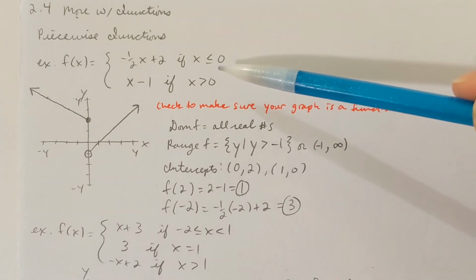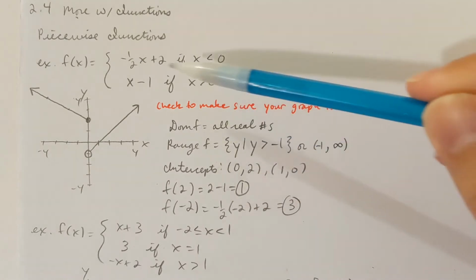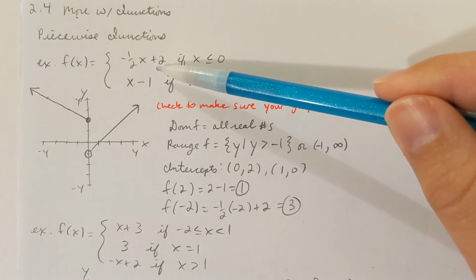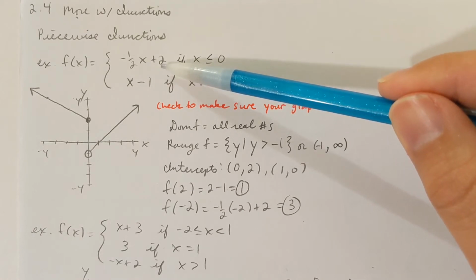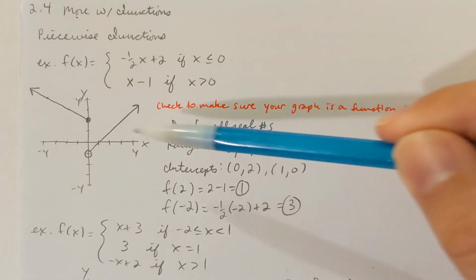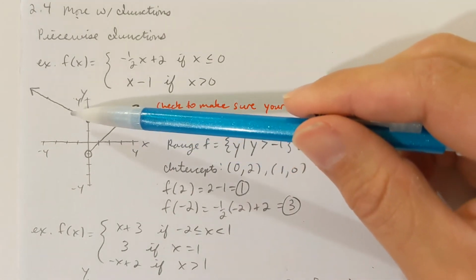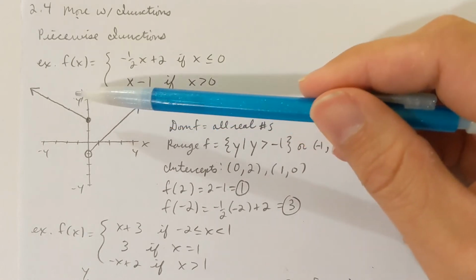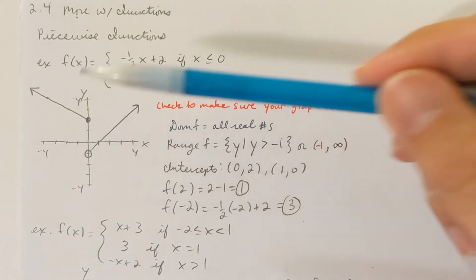Okay, negative 2 is less than or equal to 0, so I need to plug negative 2 in for x in piece 1. Negative 1/2 times negative 2 is 1, plus 2 is 3. So at negative 2, 3, this point here, I need to be on the graph. And yeah, I've got that on the graph already.